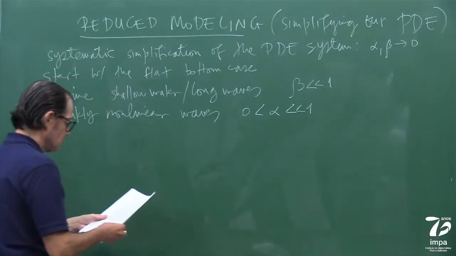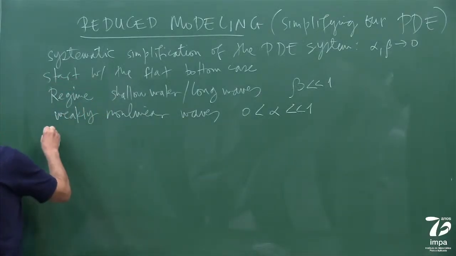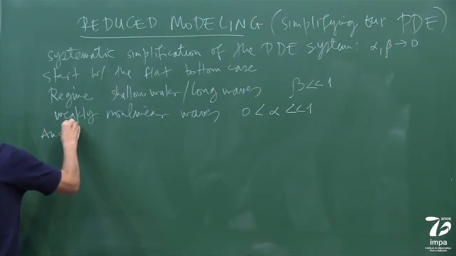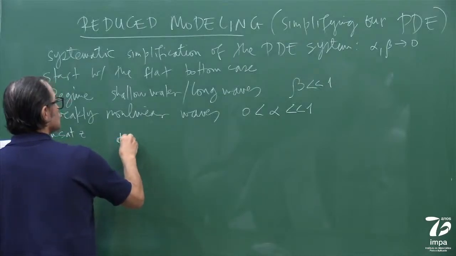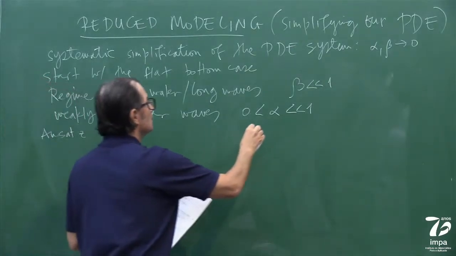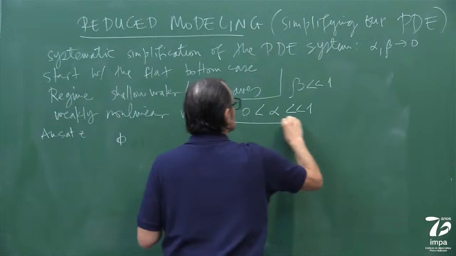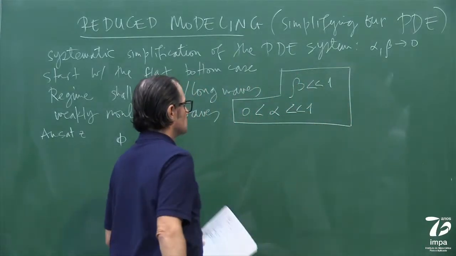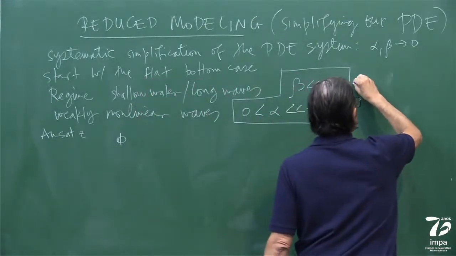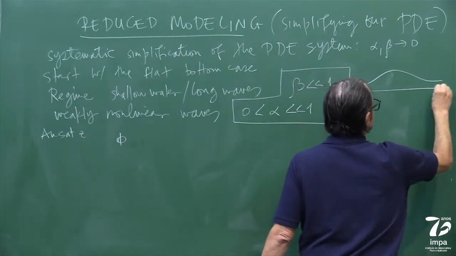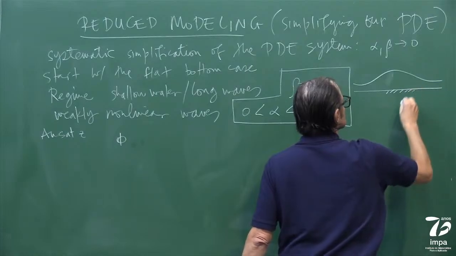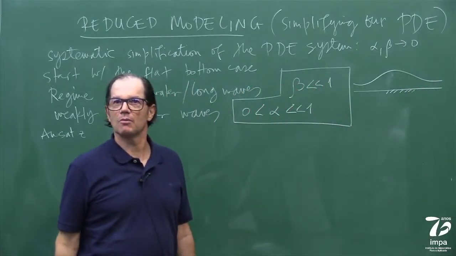Okay, so here's our ansatz. So the ansatz I'm going to make for this regime, this is the important thing, see? This is our regime. Okay, so it means we have like this, long wave, over a shallow bottom, right?